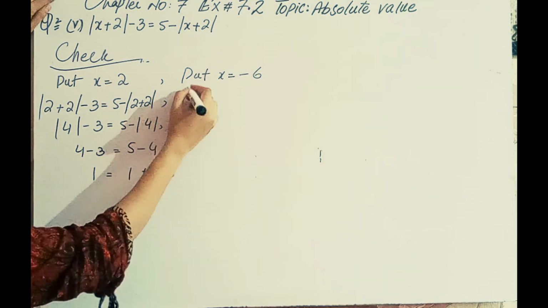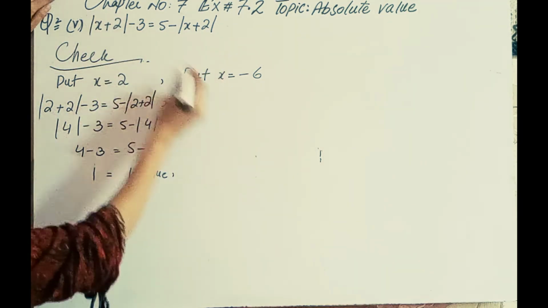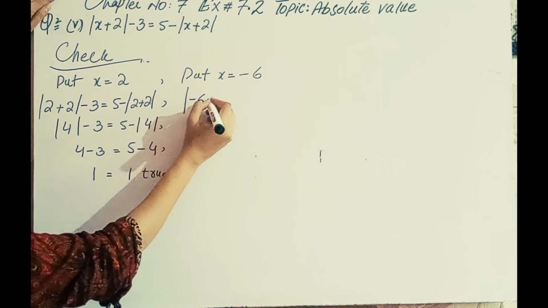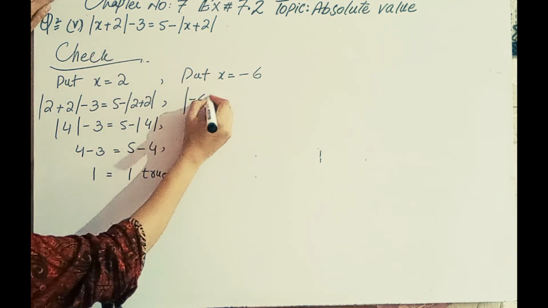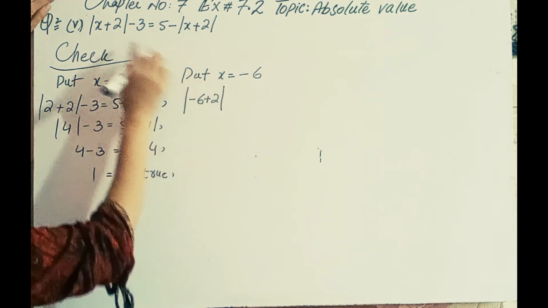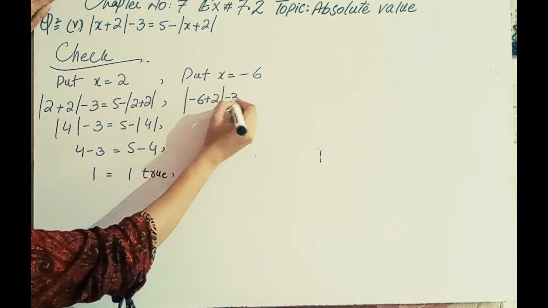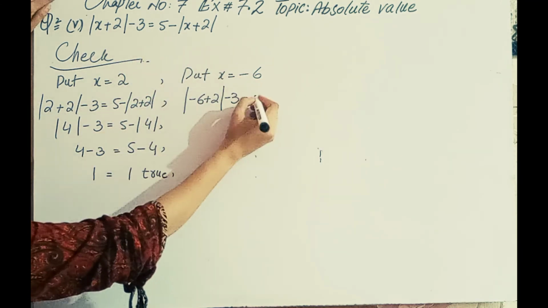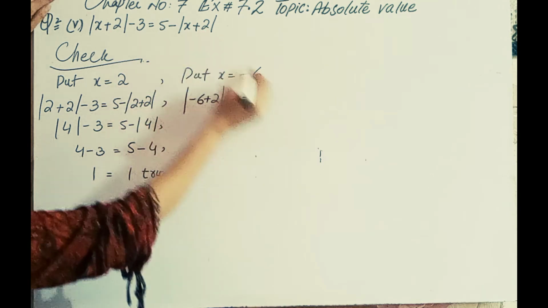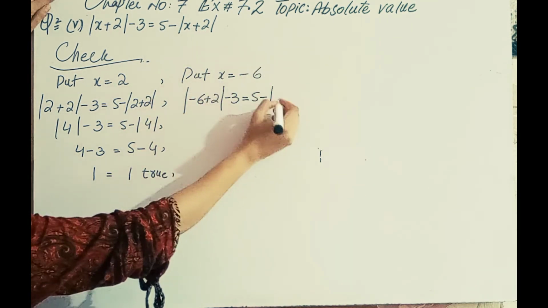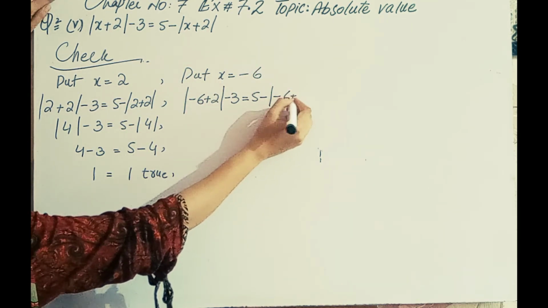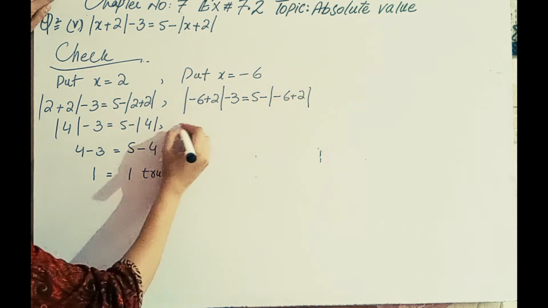Second one, we are going to put minus 6 plus 2, then minus 3 equals 5 minus absolute, in place of x we write minus 6 plus 2.